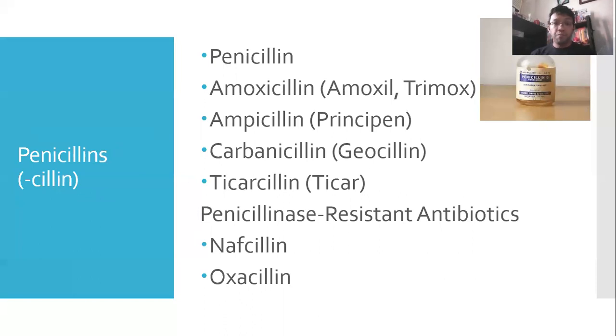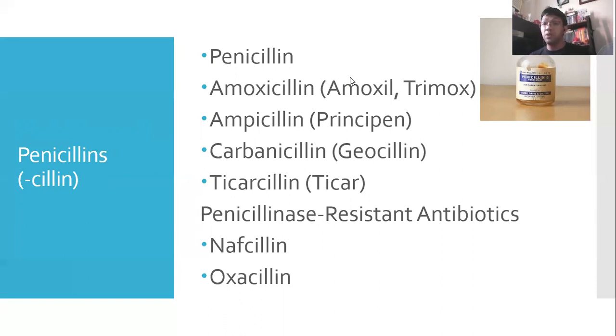Now we have also the penicillinase resistant antibiotics. There are certain bacteria that can be resistant to penicillins. This occurred over time because of patients disregarding the intake of penicillins. When they do not observe the proper drug schedule of these antibiotics, some bacteria can have resistance against penicillins, and they will produce enzymes such as penicillinase.